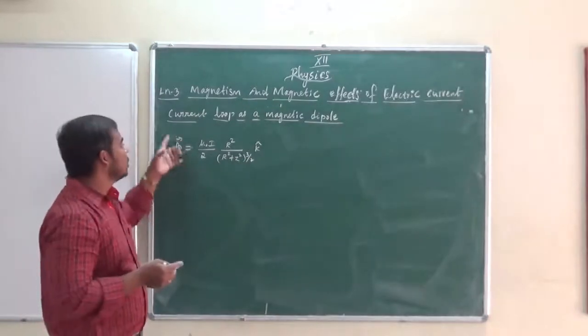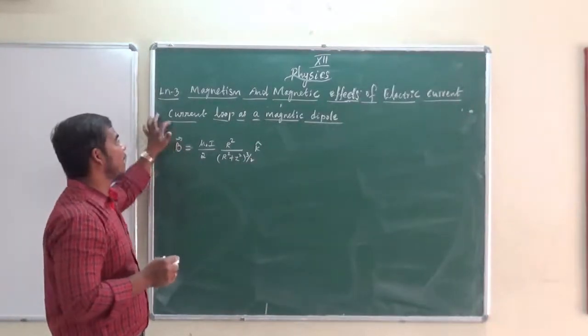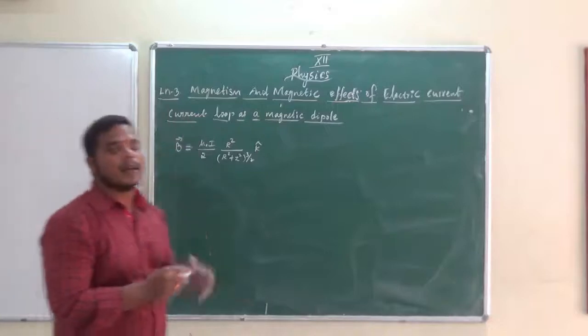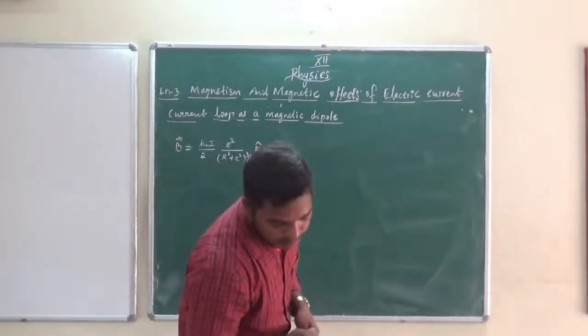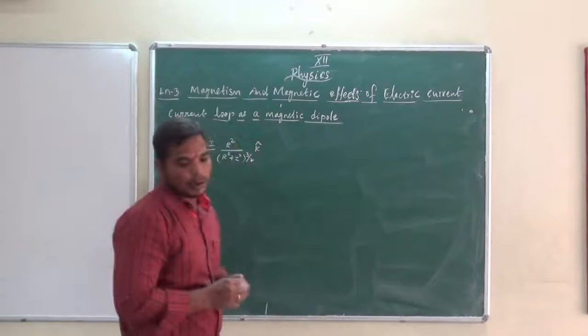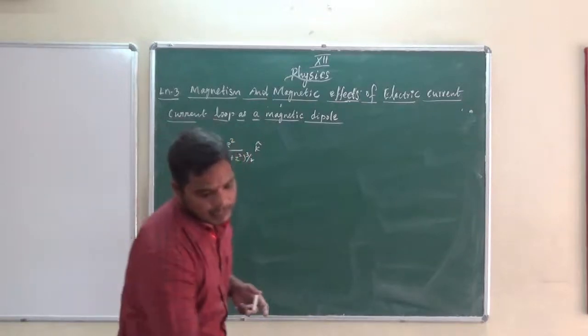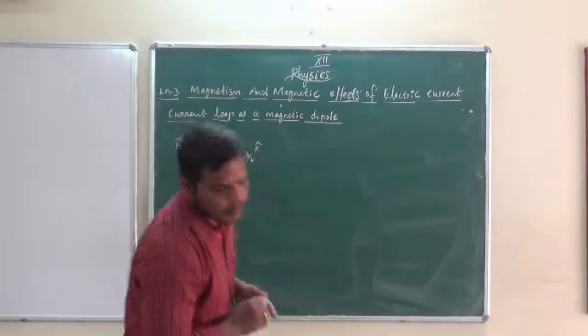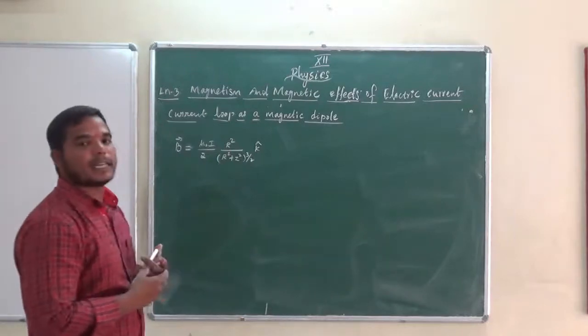Am I correct? So using this equation, now we find the current loop as a magnetic dipole.